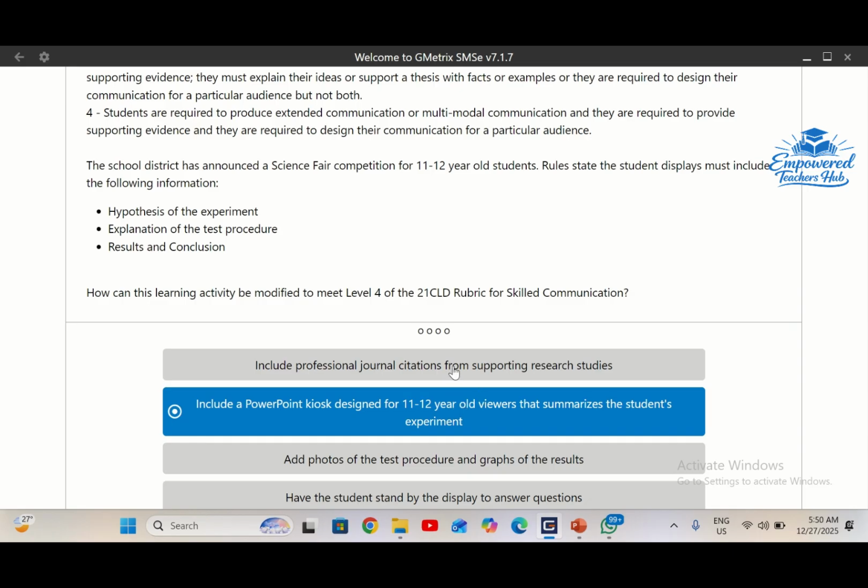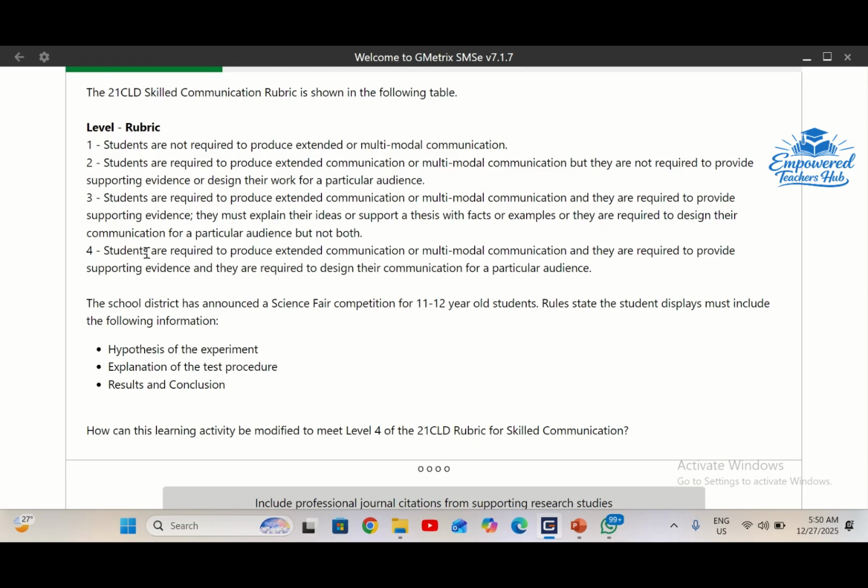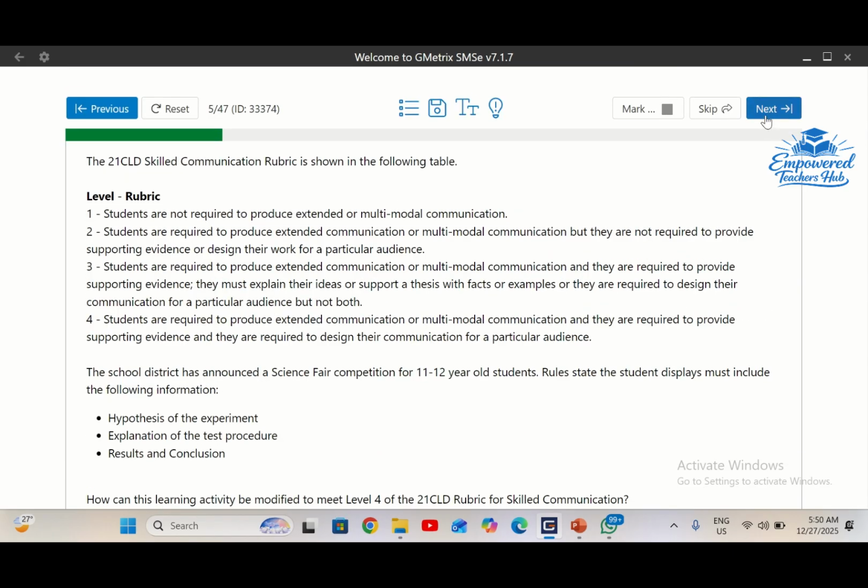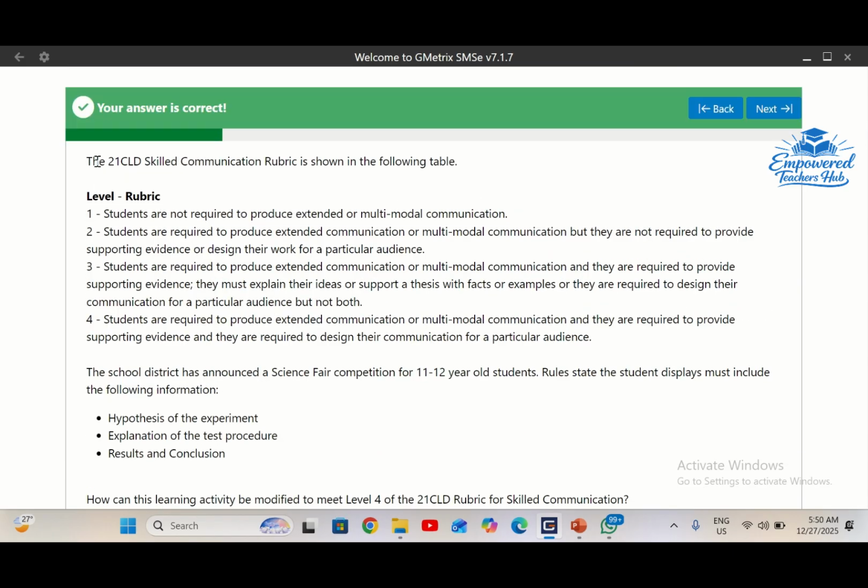Okay, this one meets level 4 of the 21st Century Learning Design rubric for skilled communication. The students are required to produce extended communication, multimodal communication, and they are required to provide supporting evidence, and they are required to design communication for a particular audience. Okay, correct.